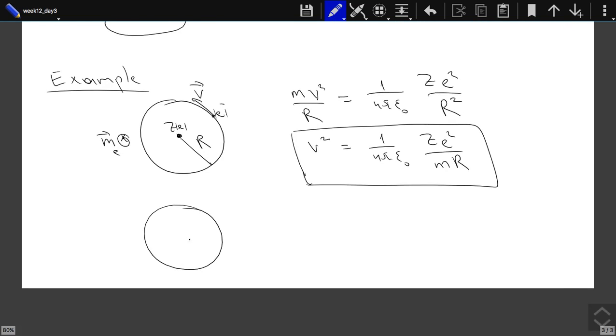Now I pick up the same system, same atom, put it in a uniform magnetic field, let's say into the screen. Let's say its velocity now is v prime. And again, for simplicity, let's assume the radius of the orbit does not change. The radius is the same. Now what is the velocity?